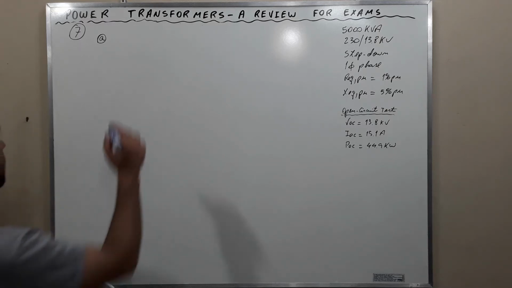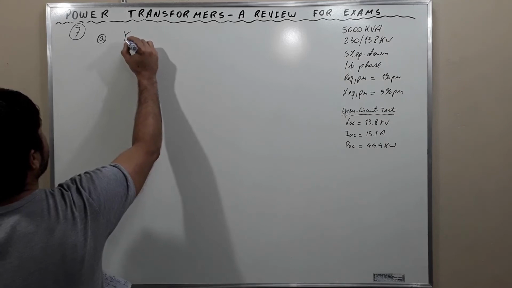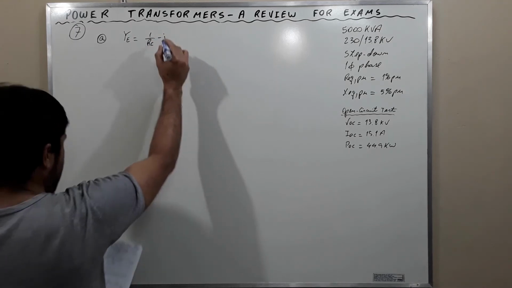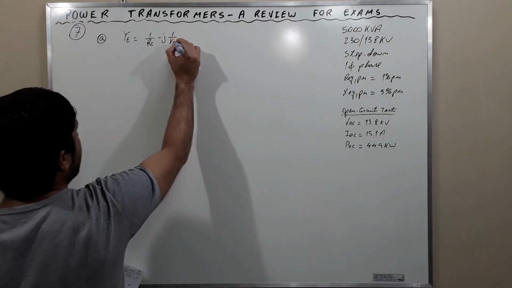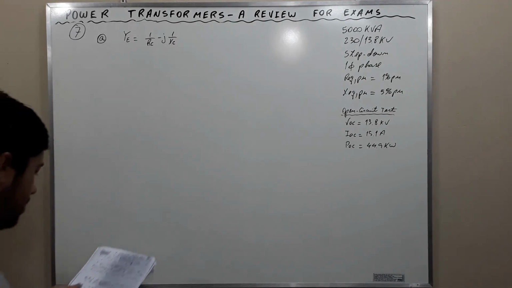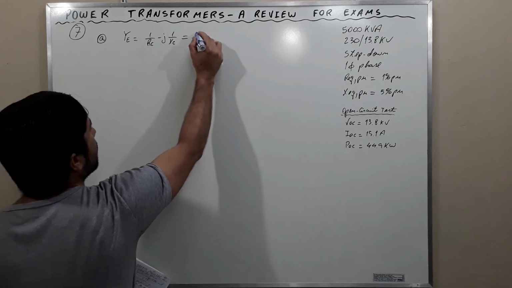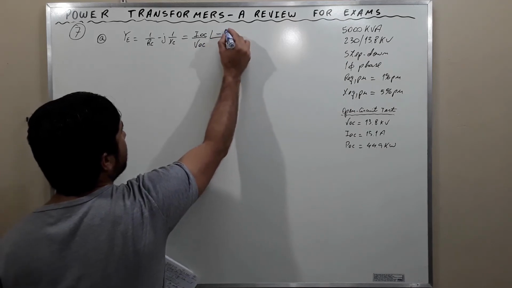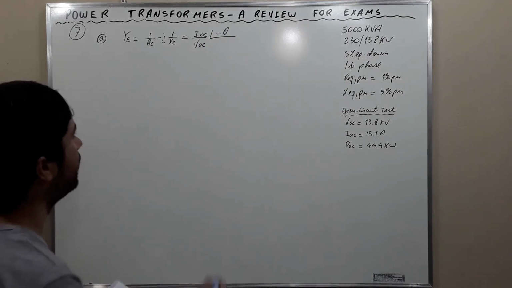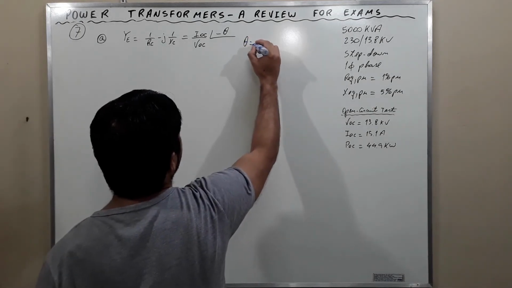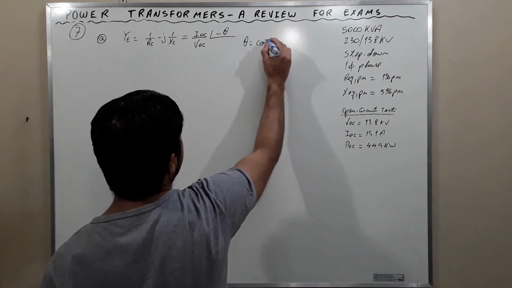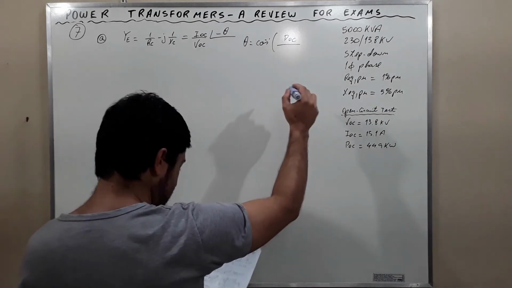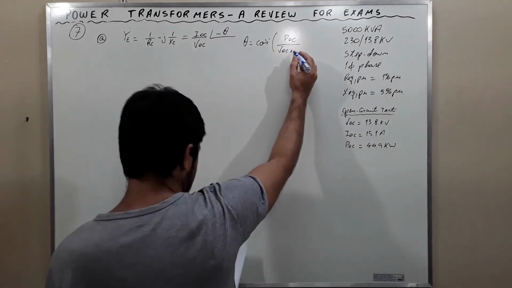The excitation admittance is 1 over RC minus j 1 over XC, which is equal to IOC divided by VOC with phase negative theta, where theta is equal to the inverse cosine of POC over VOC times IOC.